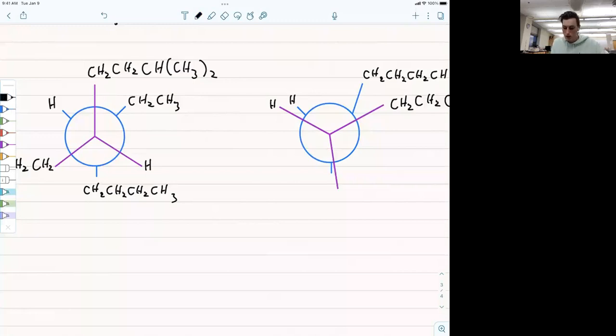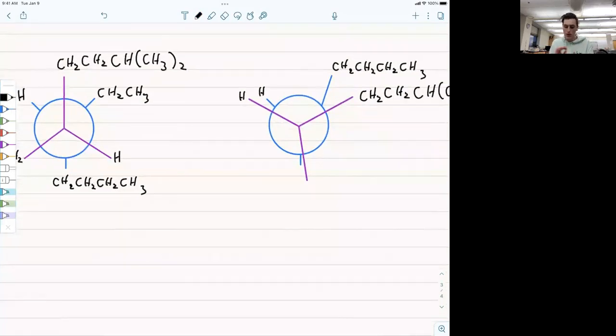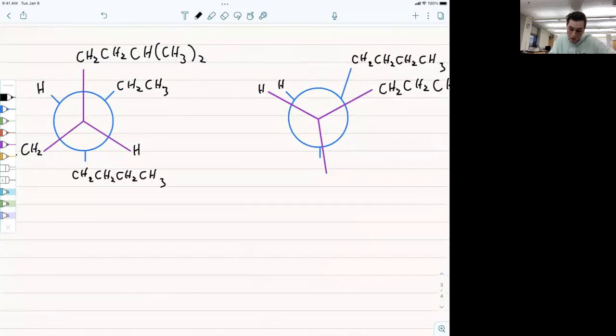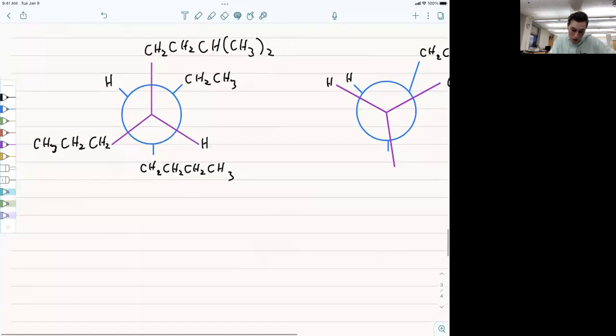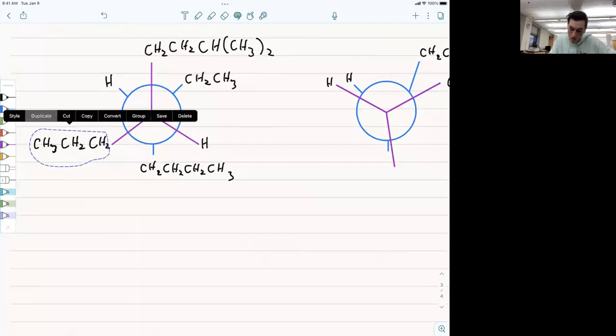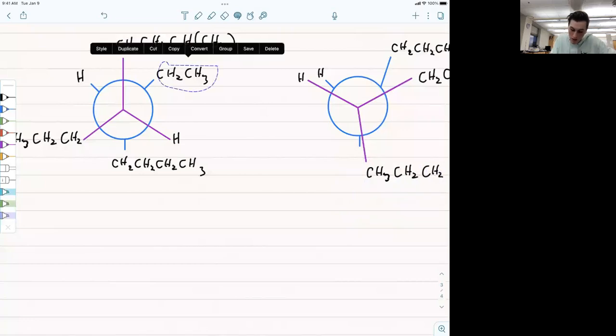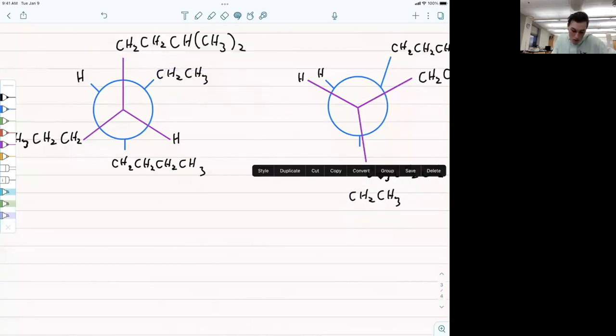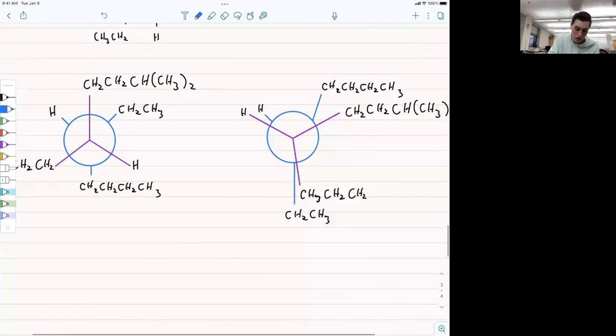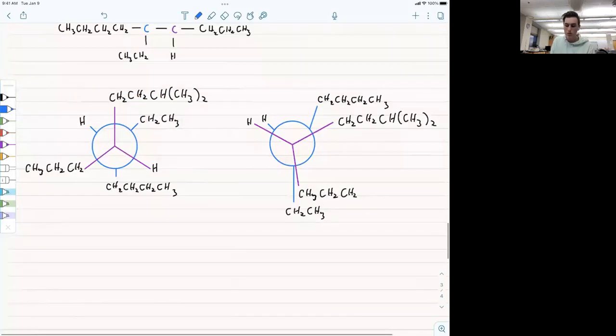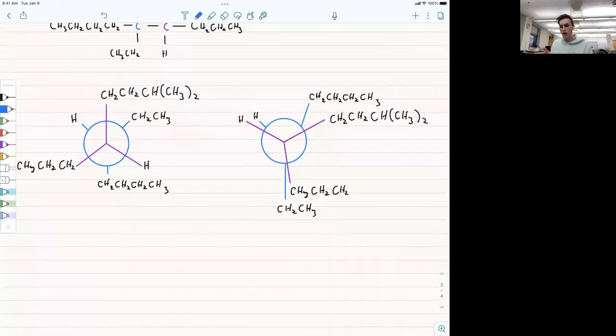We're just looking for our biggest to match up with the biggest, smallest to smallest, and then our medium groups together too. For our medium groups, we had our propyl on our purple carbon, and then our ethyl on our blue one. And this is going to be our least stable. So we have our most stable on our left and our least stable on our right.